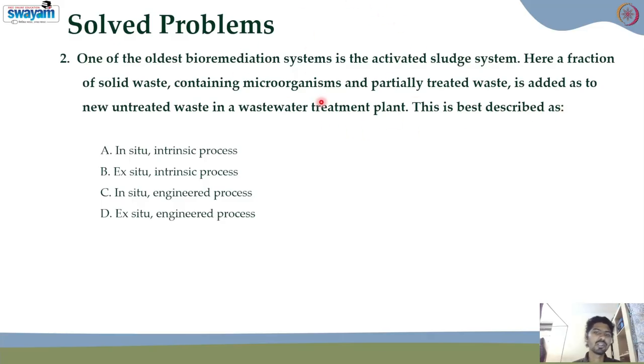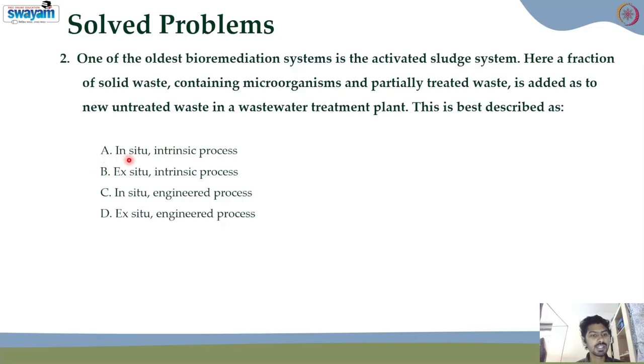Let me read the question. In the activated sludge system, a fraction of solid waste which contains both microorganism and the partially treated waste is added, this activated sludge is now added to the wastewater treatment plant in order to treat the pollutant. So this describes which one of the following category.